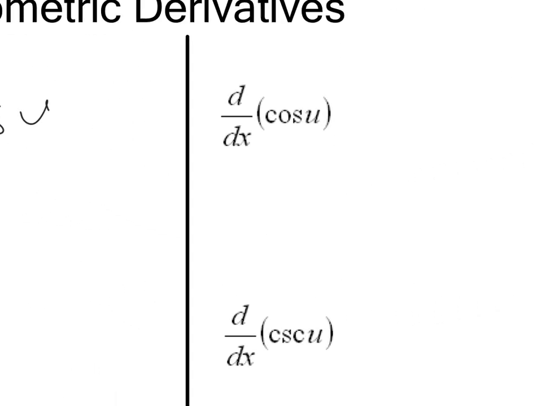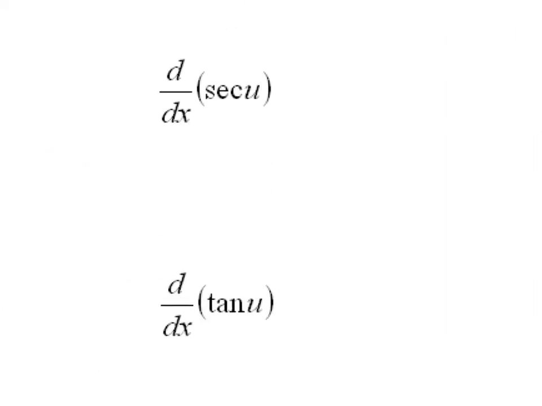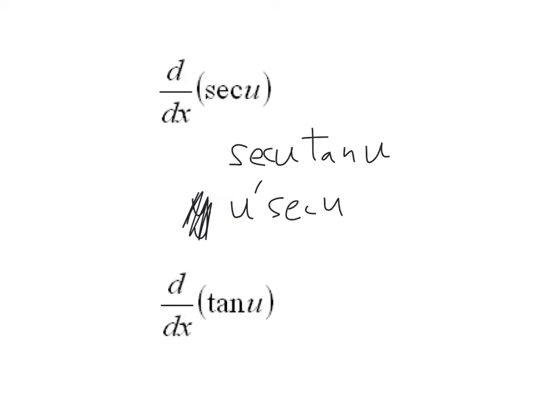And then same thing here, I'm not going to waste your time on it. For secant, what was it again? It was secant u tangent u. And if u was a function, it'd be u prime secant u tangent u.